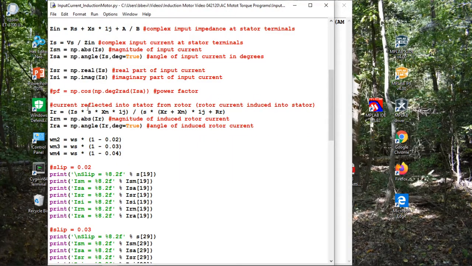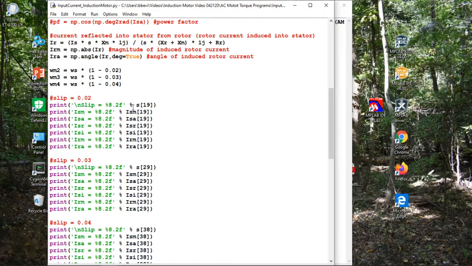Then what we did was we calculated IR, which is the rotor current induced in the stator. And this is just that function that you just saw. Notice it's a function of IS and these other things here. And then we calculate the real part of this, the magnitude, actually the magnitude of this part and the angle. And here again I did actual speeds for various slips.